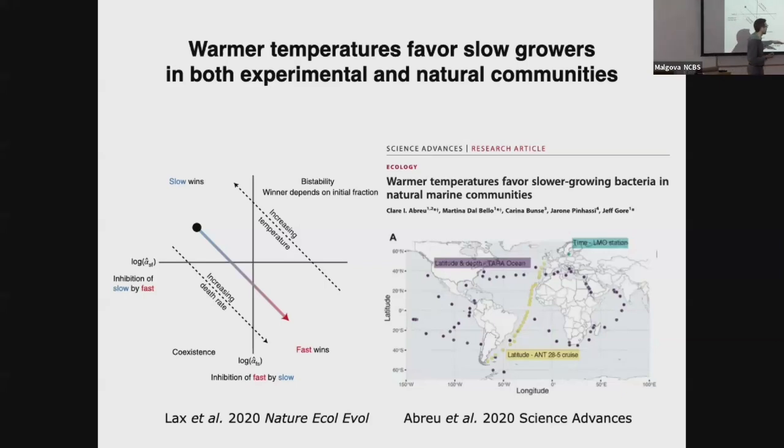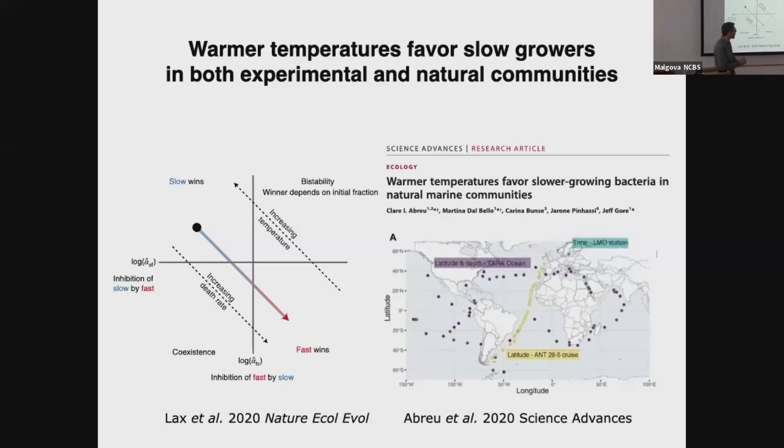They were looking at data sets for microbiota at different latitudes, and they see that at warmer latitudes in the center, you will have a higher proportion of slow growers relative to the ones that you have at higher temperature.